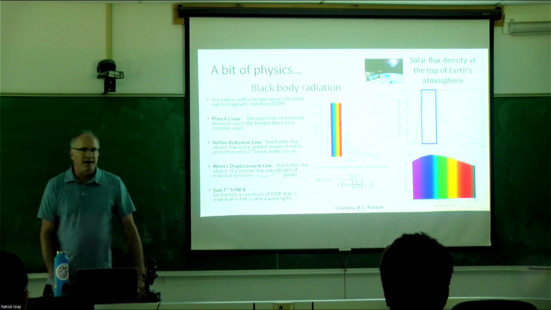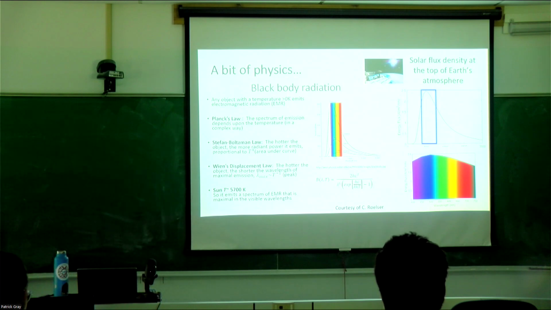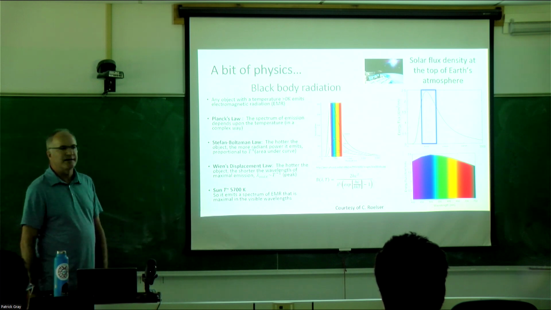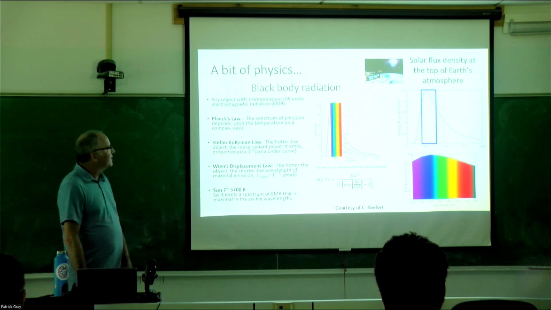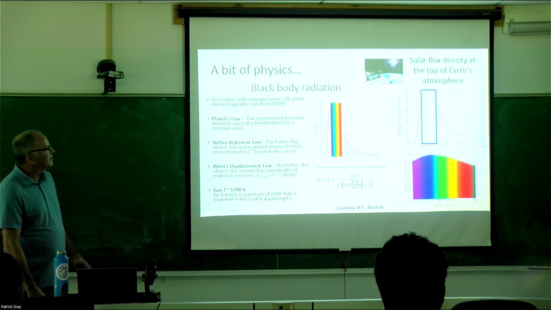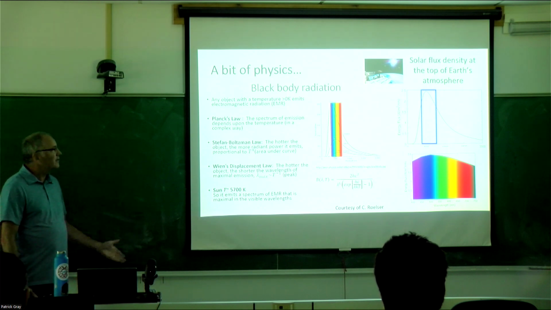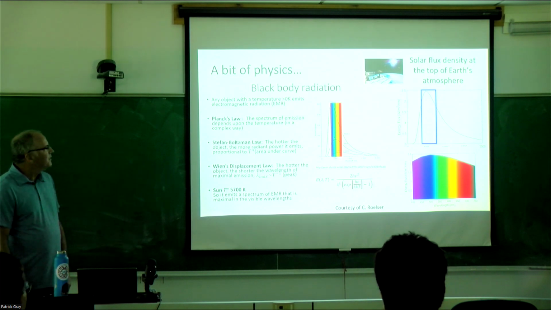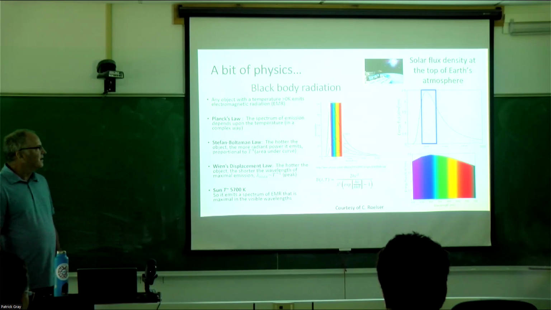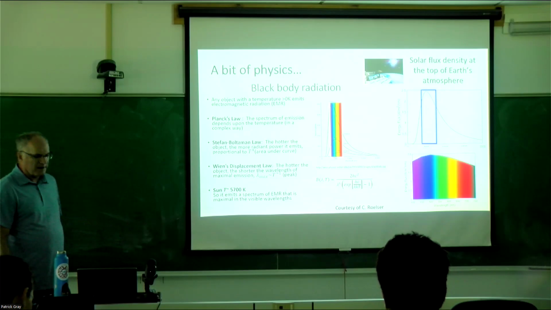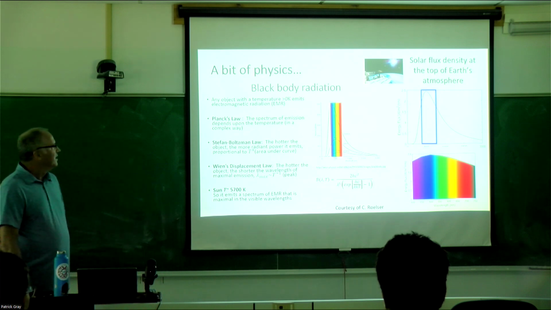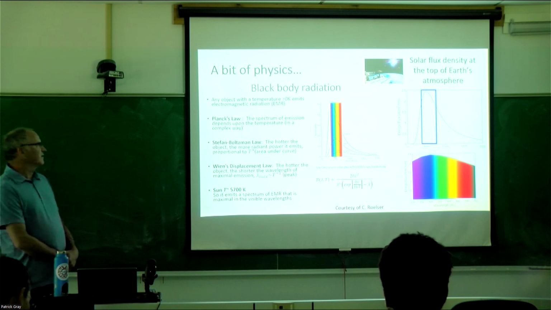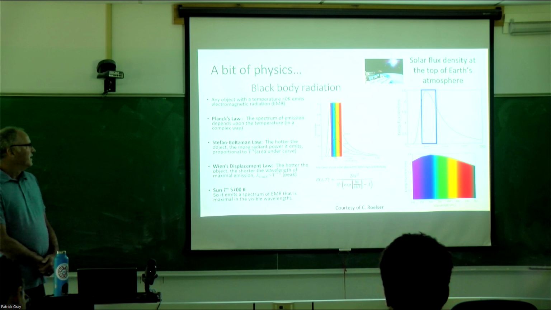So what do we know about electromagnetic emissions, the black body radiation, theory of black body radiation? It says basically any object with a temperature of greater than 0 degrees Kelvin emits electromagnetic radiation. Four main constant laws here. Planck's law, the spectrum of emission depends on the temperature. The Stefan Boltzmann's law, the hotter the object, the more radiant power it emits, and it's proportional to the T to the fourth power.